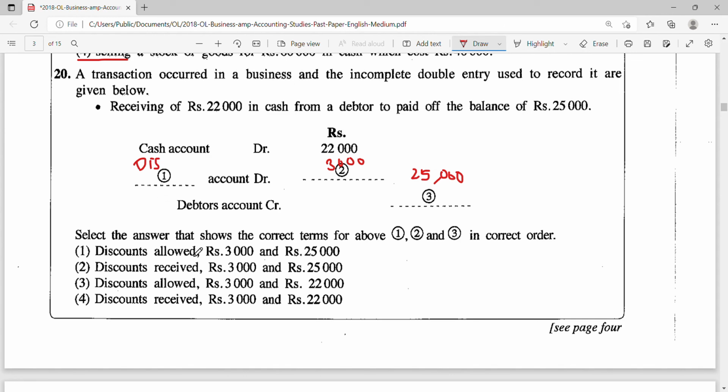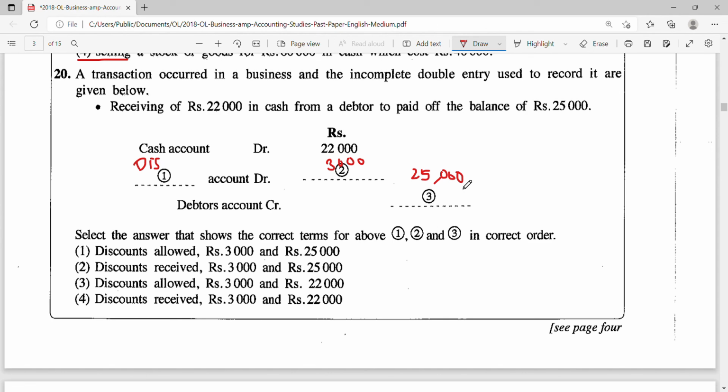Now let's read the question and see. Select the answer that shows the correct terms for above 1, 2 and 3 in the correct order. So you know here you have received cash of 22,000. You're willing to treat that as the final payment for a debtor balance of 25,000. So here in place of 3 you should have 25,000. So there is a difference of 3,000 which you need to account for.